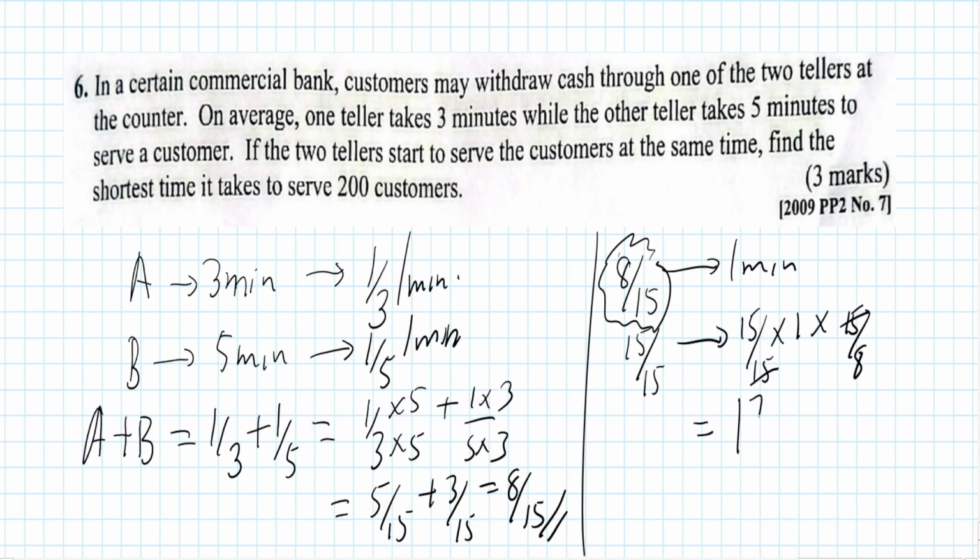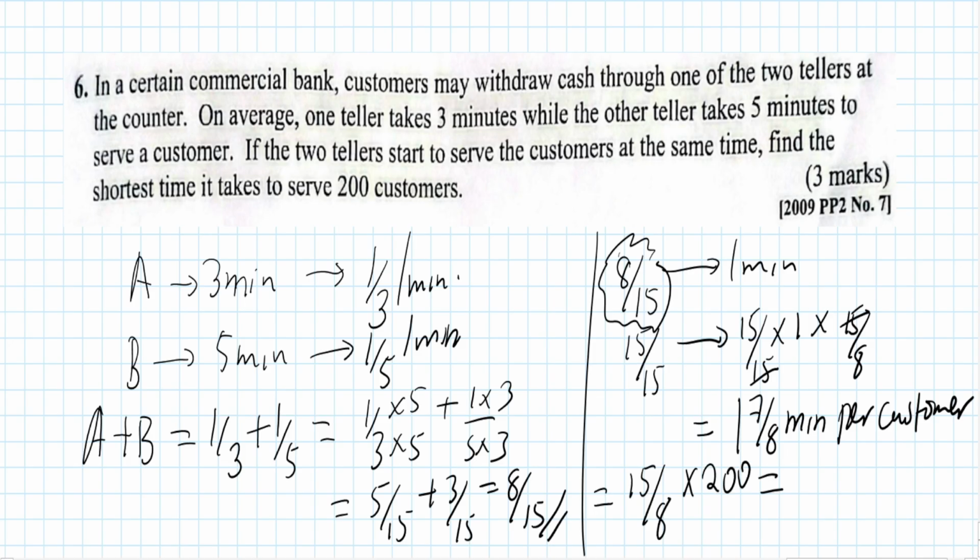So for one customer, it normally takes 15/8 minutes, that is per customer. So if we were to serve 200 customers, then normally it will take 15/8 times the 200 customers, to see how many minutes or the shortest time that usually it takes to serve those 200 customers.